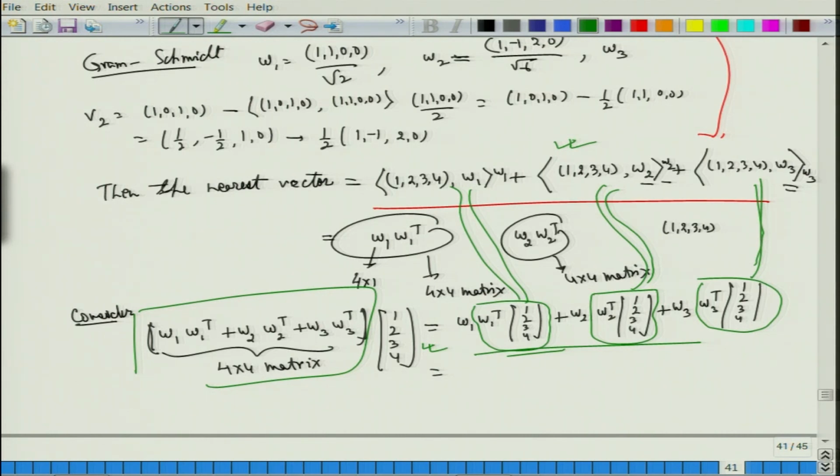I want you to understand this part, which is very important. What we are trying to say here is that in place of computing this separately, I can just compute the matrix, all right. This matrix is called the projection matrix.